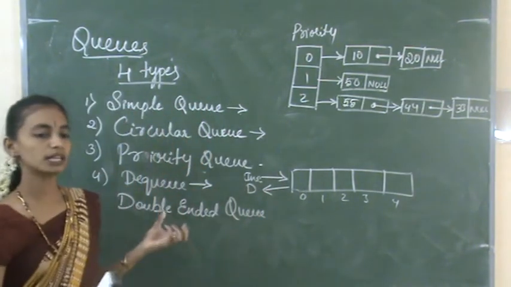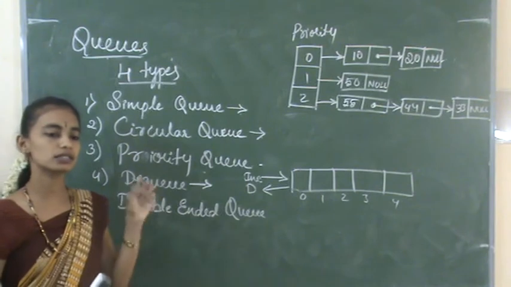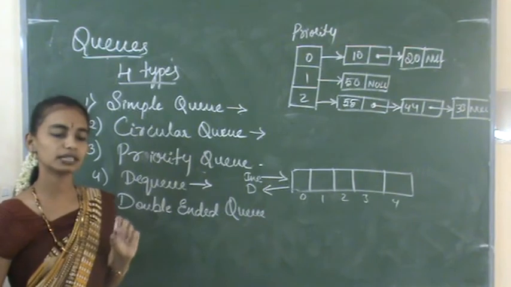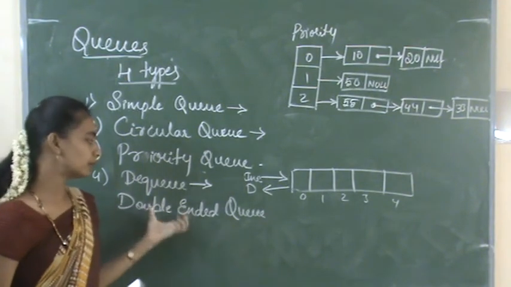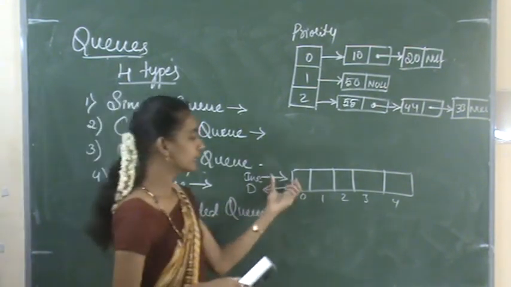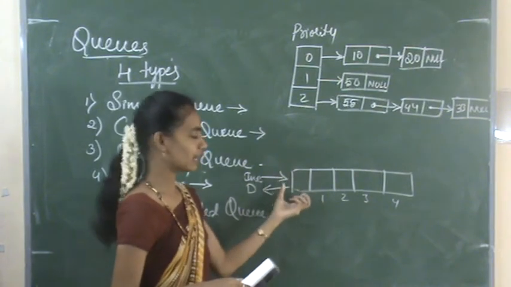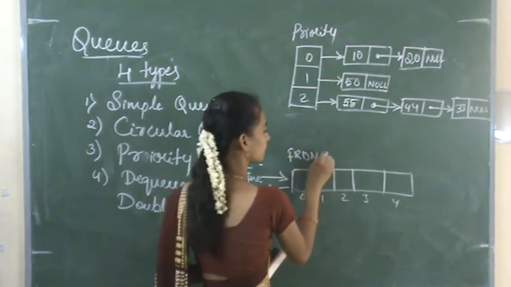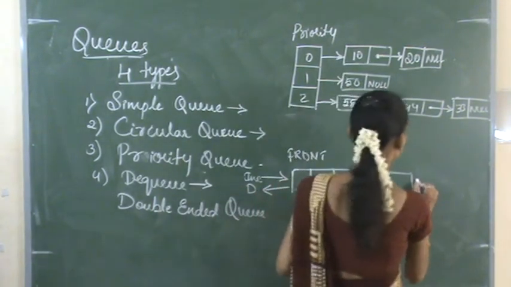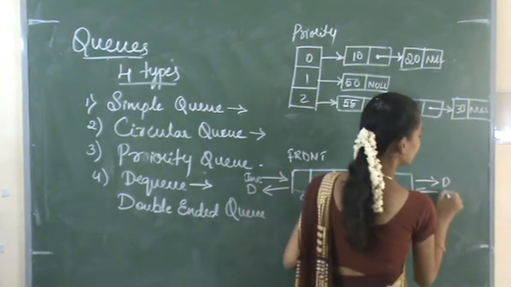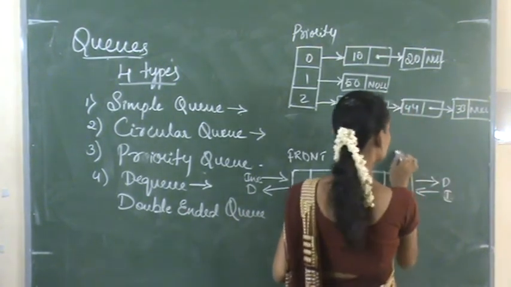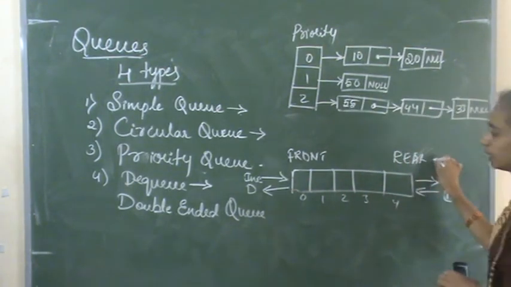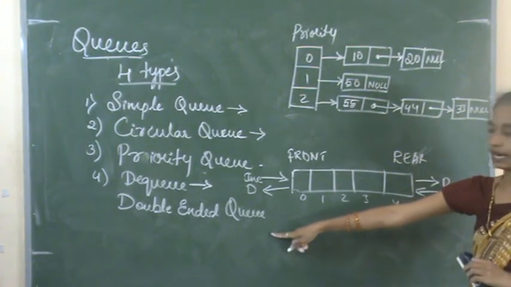In a normal simple queue, we can insert the element at the rear end and delete the element at the front end only. But in a double-ended queue, we can insert or delete the element at the front end, or at the rear end.